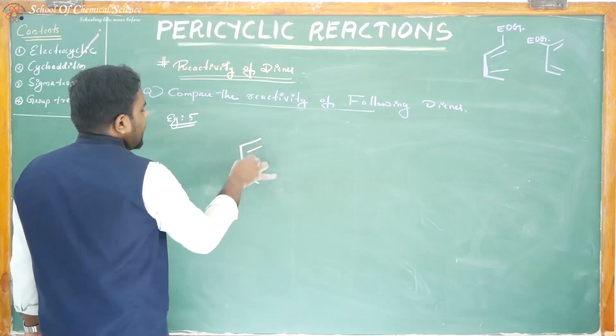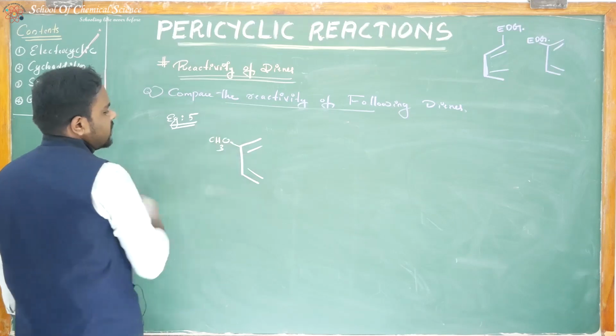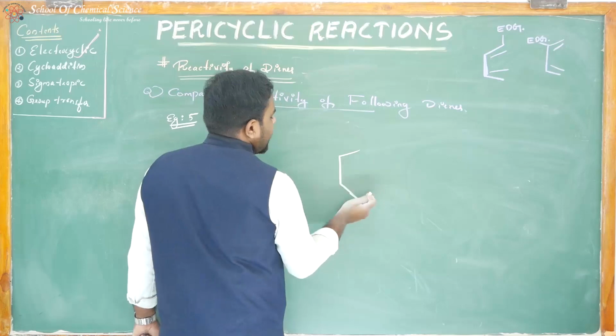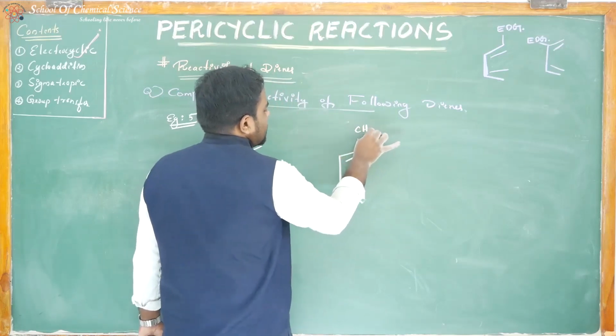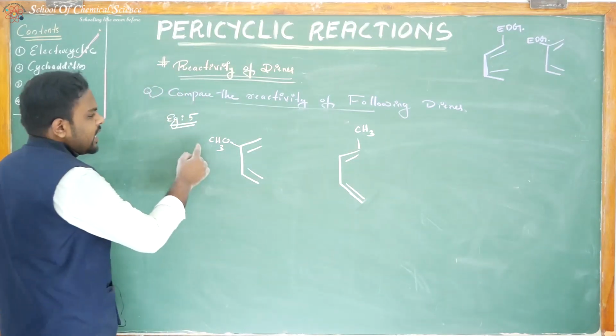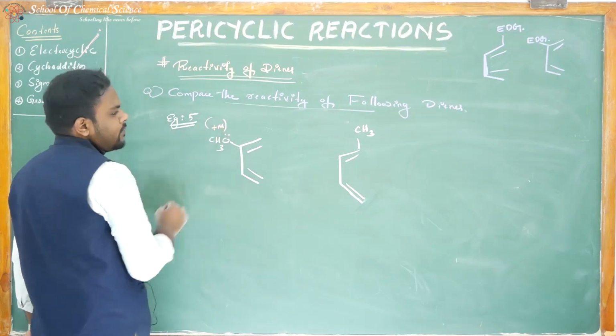A conjugated diene. Here an OCH3 is present. Here a conjugated diene, a CH3 group is present. So which will be more reactive? This is also electron donating, plus mesomeric effect, because a group having lone pair.